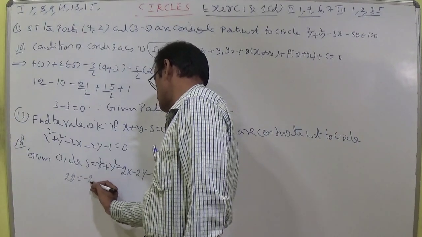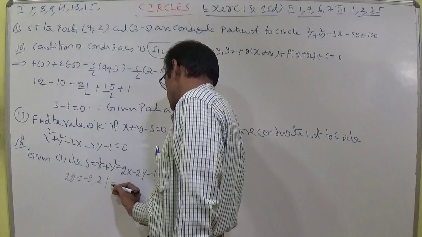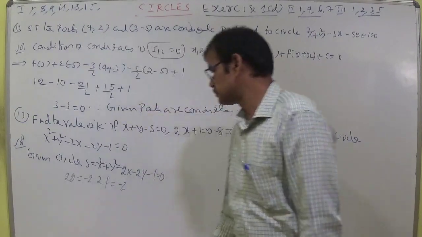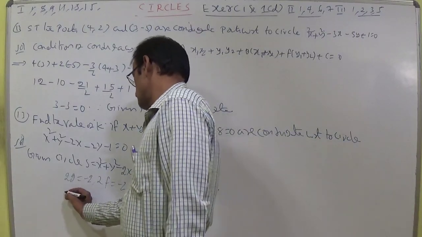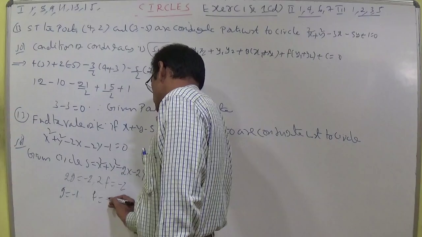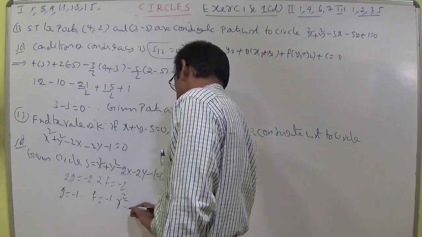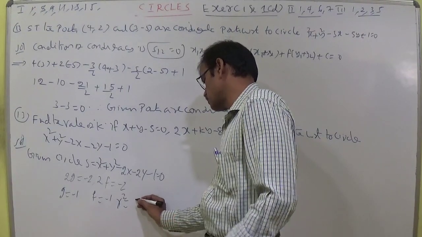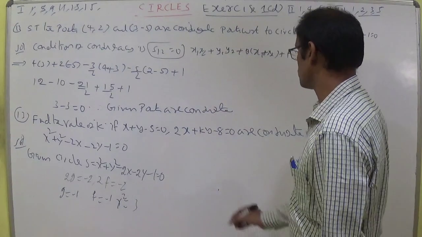Calculate 2g as minus 2 and 2f as minus 2, so g = -1, f = -1, and r² = g² + f² - c, so 1 plus 1 plus 1 is 3.